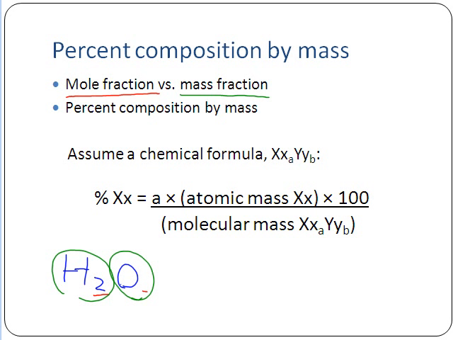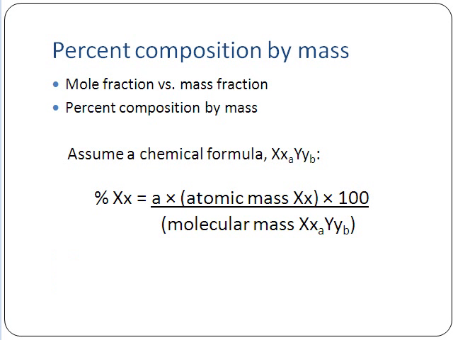The way we figure this out is given right down here. Let's assume that we have some chemical formula, X_A Y_B. Like H2O, we have A atoms of X and B atoms of Y. If we want to find the percent composition of X, that is, what percent of X_A Y_B that element X makes up, here's our general formula.